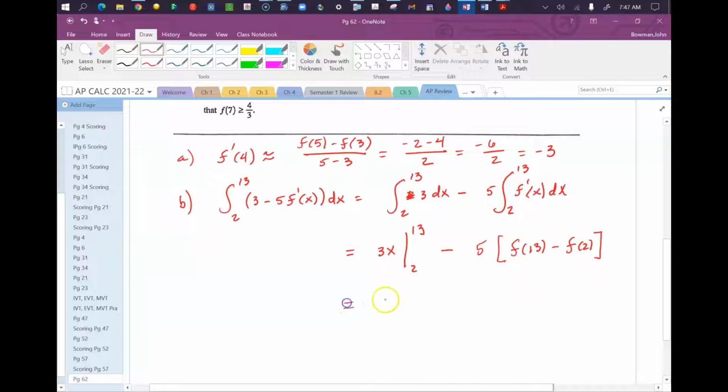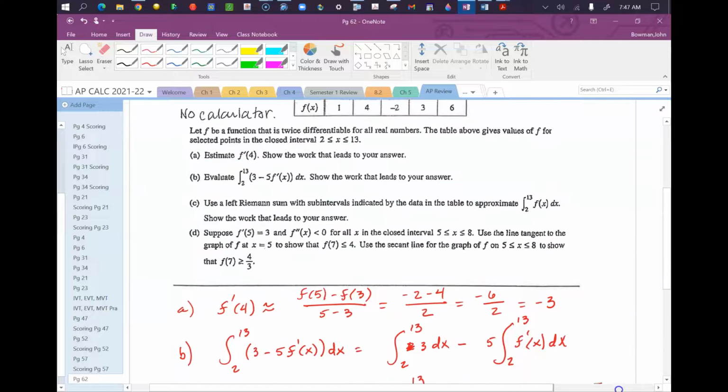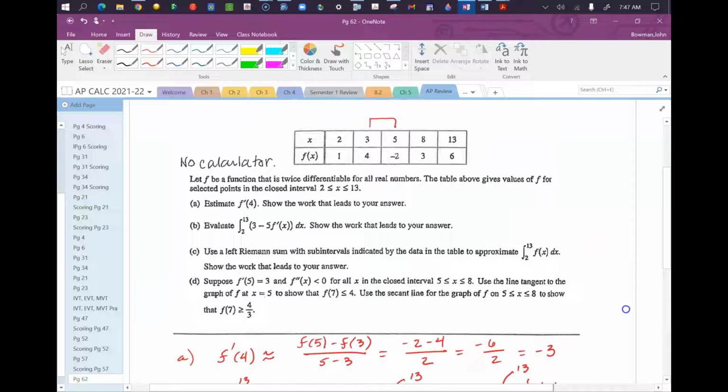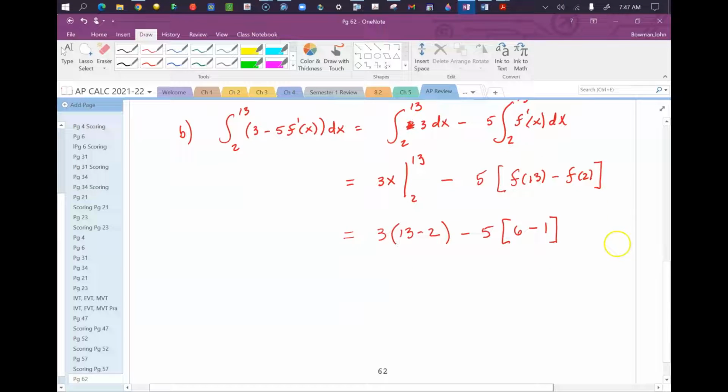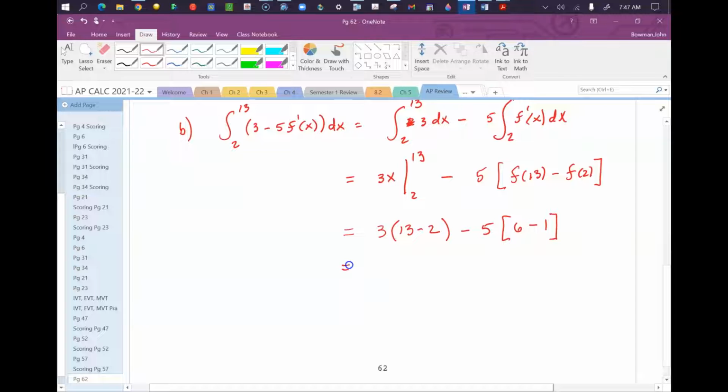Alright, so here we are. 3 times 13 minus 2 minus 5 times f of 13 minus f of 2. Up at the top, f of 13 is 6 and f of 2 is 1. So we need to simplify that.